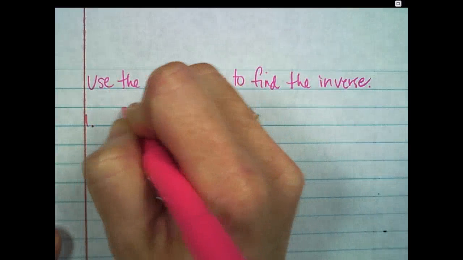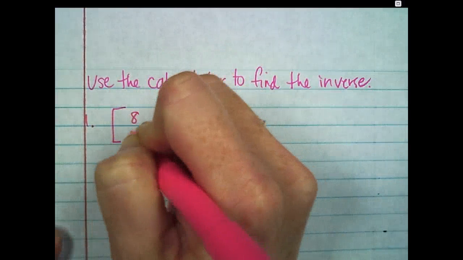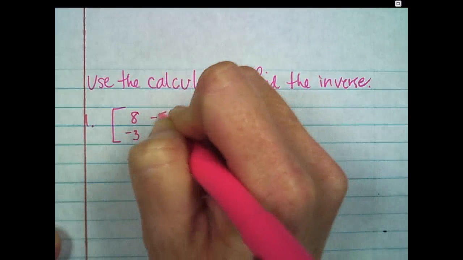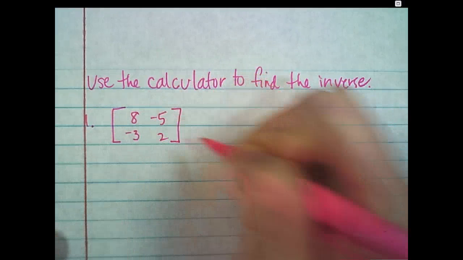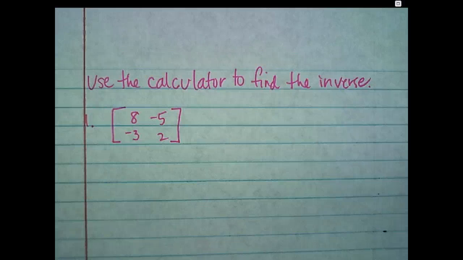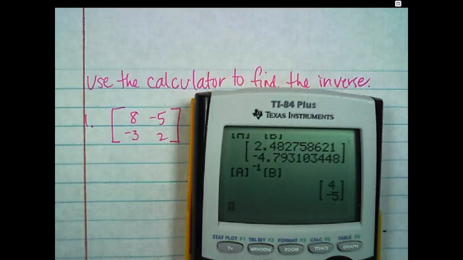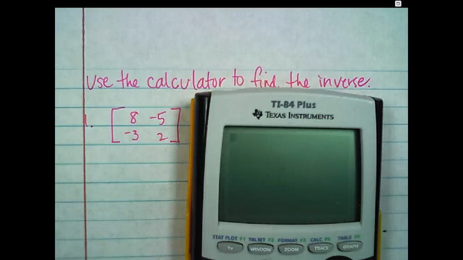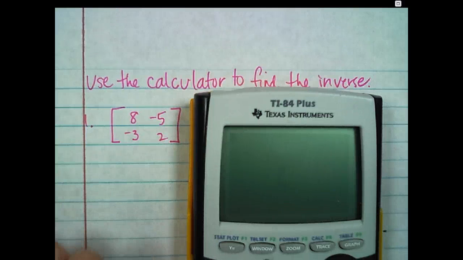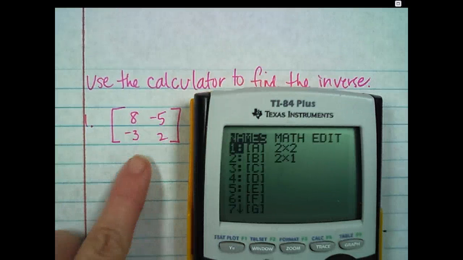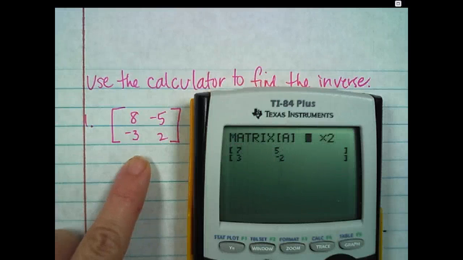If I gave you 8, -3, -5, and 2, and I'm asking you to find the inverse using your calculator, what you're going to do is get your calculator out for me, and you're going to enter the matrix in just like we've done before. Right, so you go to the matrix, this is a 2 by 2, so you go over to edit, and you enter the matrix in.